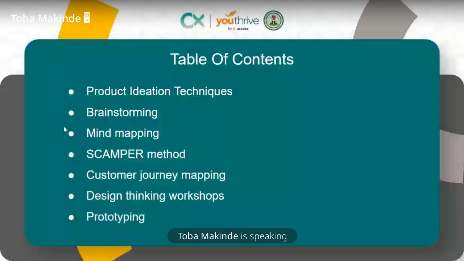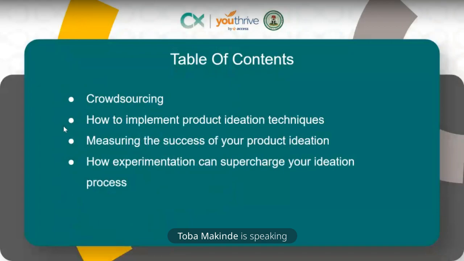We have the SCAMPER method. We have customer journey mapping. We already touched upon that earlier. We have design thinking workshop. We have prototyping. We have crowdsourcing, and there are several more, almost close to 20 more. I'm going to show you the other ones, but the ones in the table of contents are the ones we're going to discuss today.